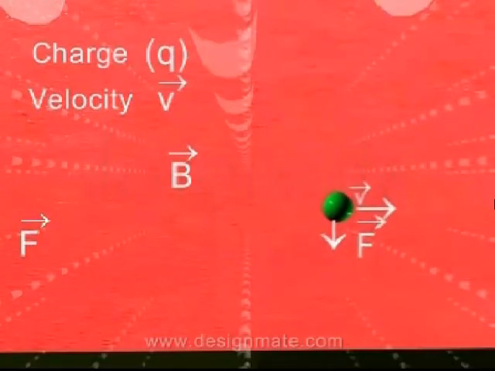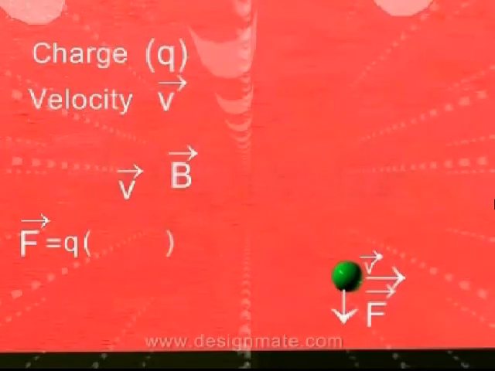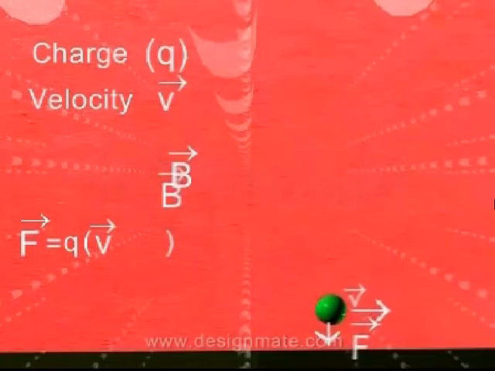Vector F is equal to q into vector v cross vector B.